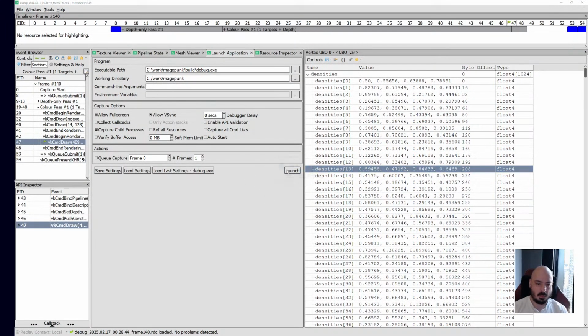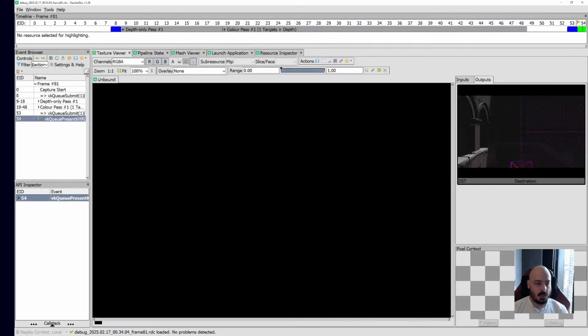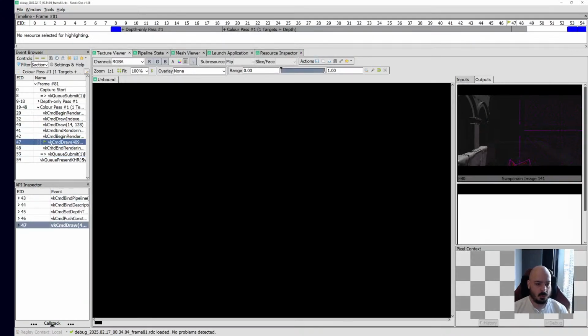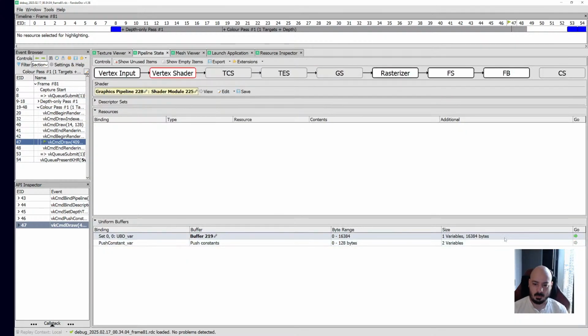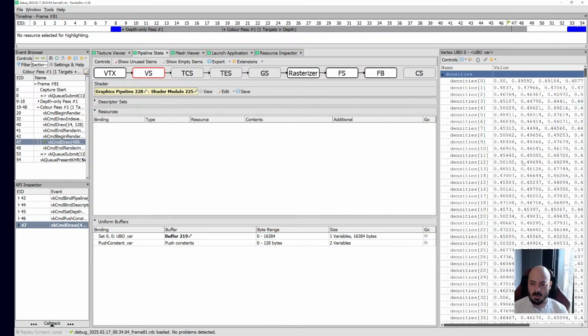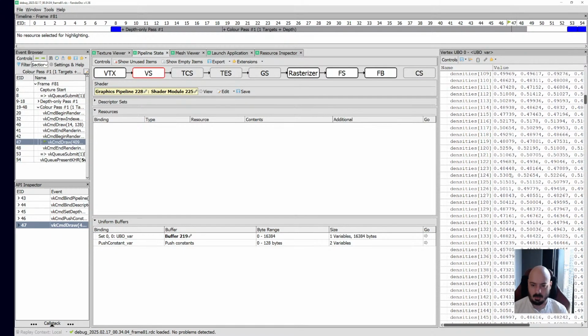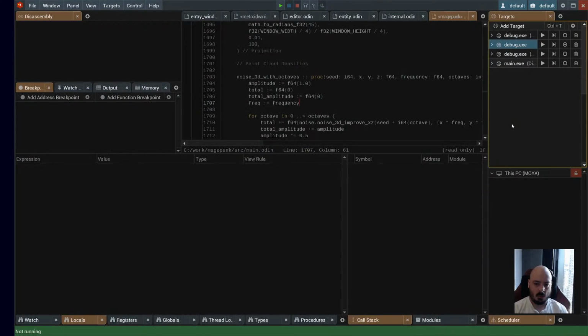Let's have a look. Are the values just changing too slowly? Or are they not changing at all? Let's see. They are changing quite gradually, which means the frequency is probably too low.